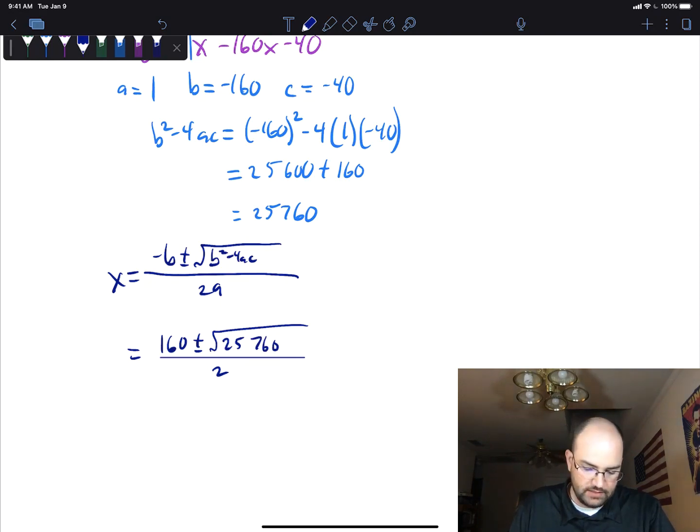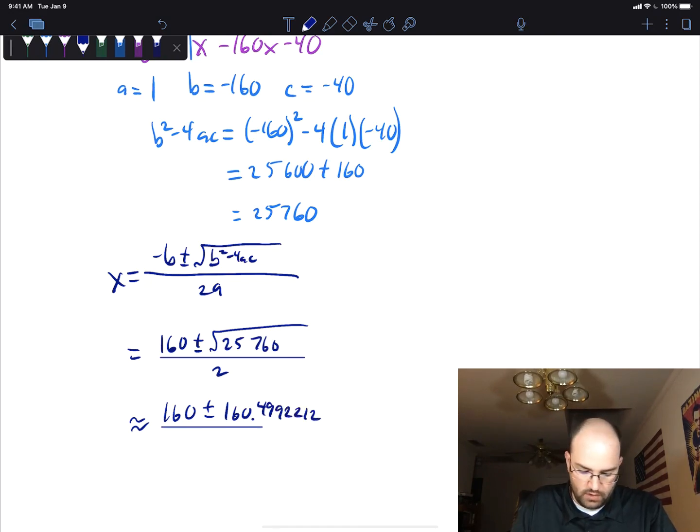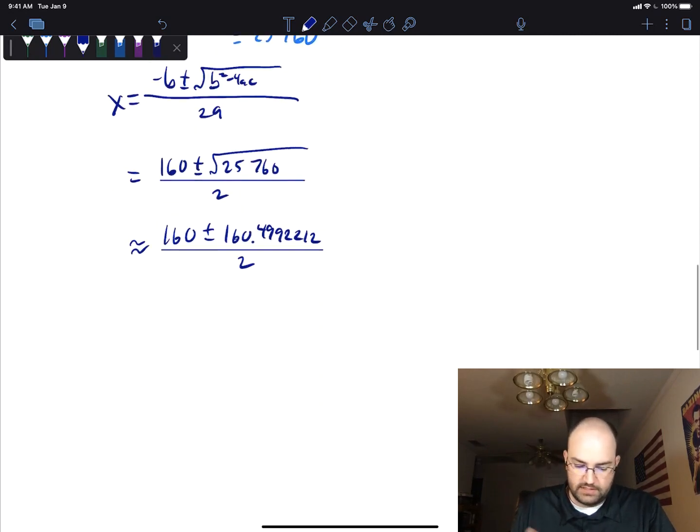Now, what I did when I typed this in is I actually already did the square root of 25,760. So approximately, this is not an exact value, 160 plus or minus 160.4992212 all over 2. And at this point, just type it in: 160 minus all that, all over 2, and then 160 plus all that over 2.